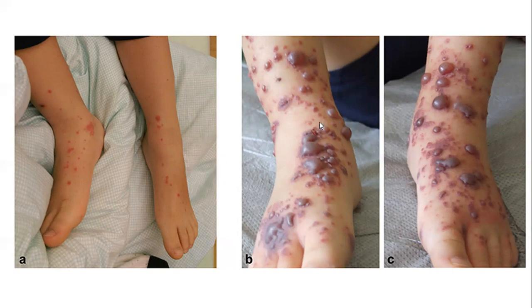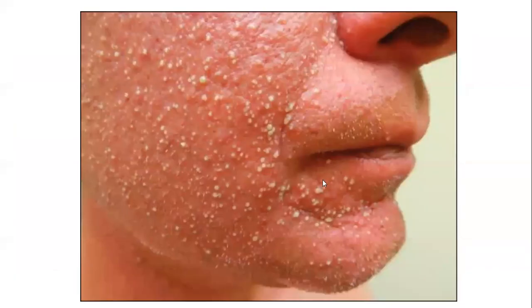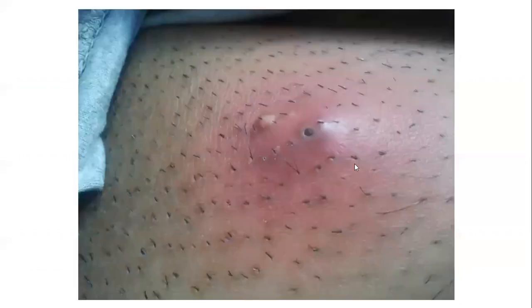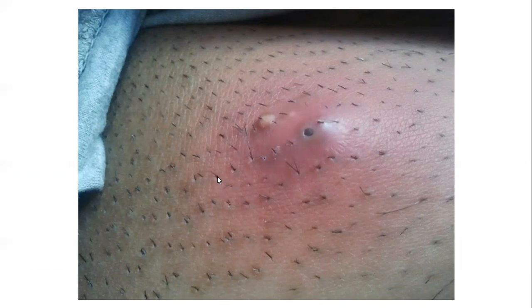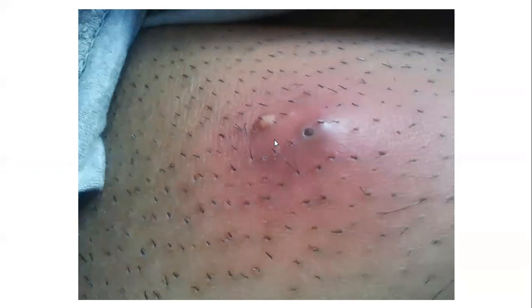So these bullae contain blood. This is an example of pustules. Multiple small pustules are seen in this picture. Gram-negative folliculitis. Then this is a furuncle or an abscess with a punctum, and it is raised, hot, indurated and painful.